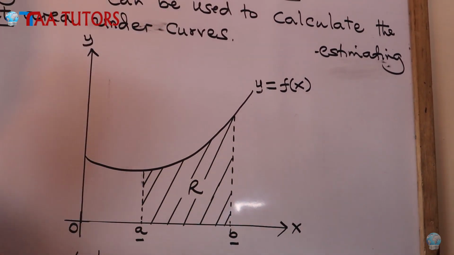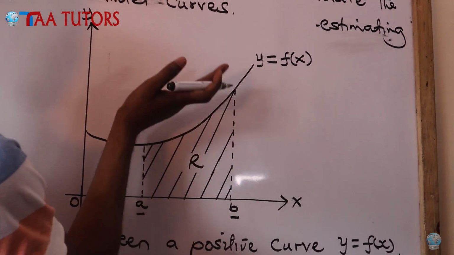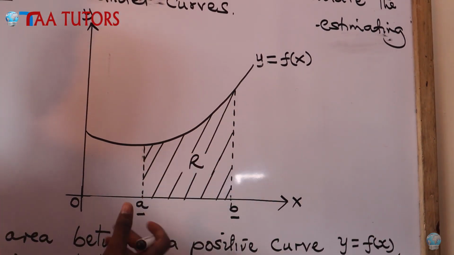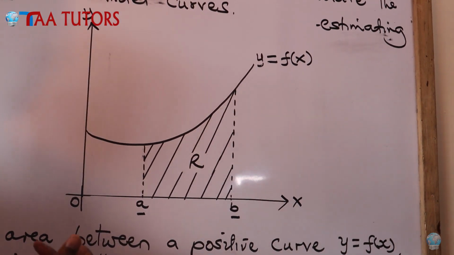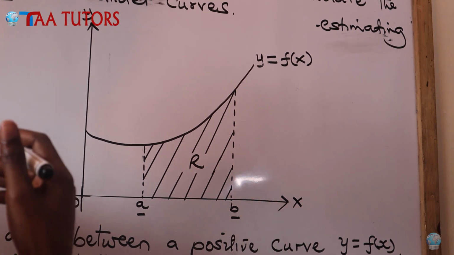Now if you are looking for the area under a curve, especially if the curve is positive, meaning it is above the x-axis, where the region is the area we need to calculate, then we are simply going to use what we call the definite integral.